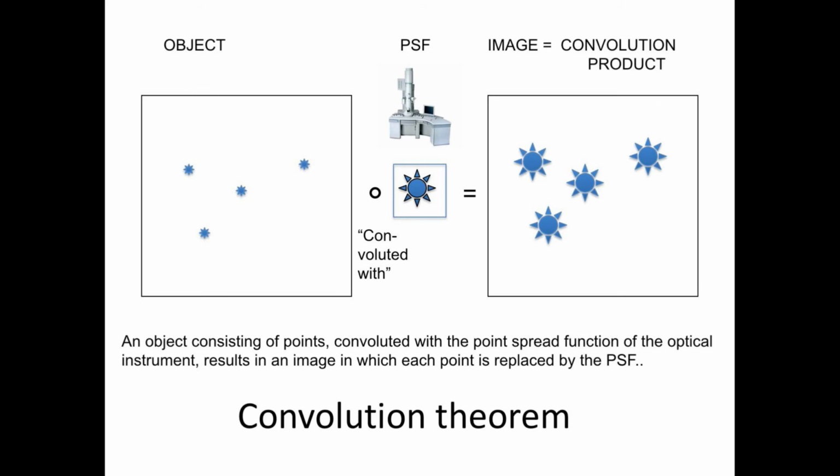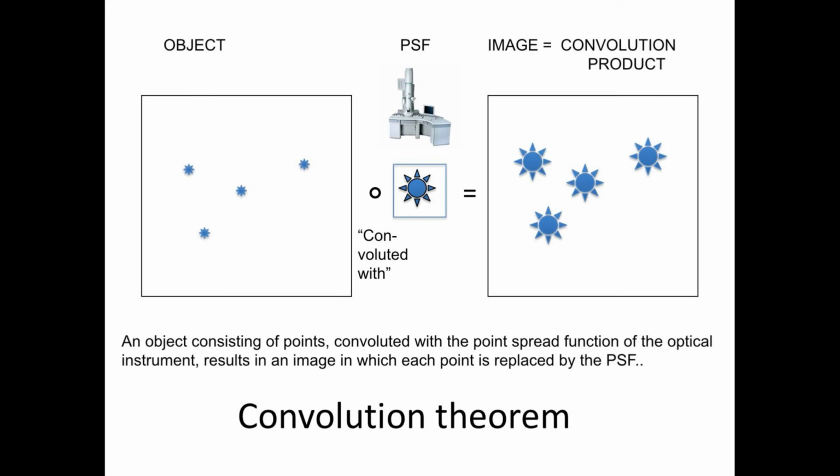The situation is very easily explained if the object consists of completely separate points. In that case, each point is simply substituted by the image of a single point. So we simply place this here over there and create the image.